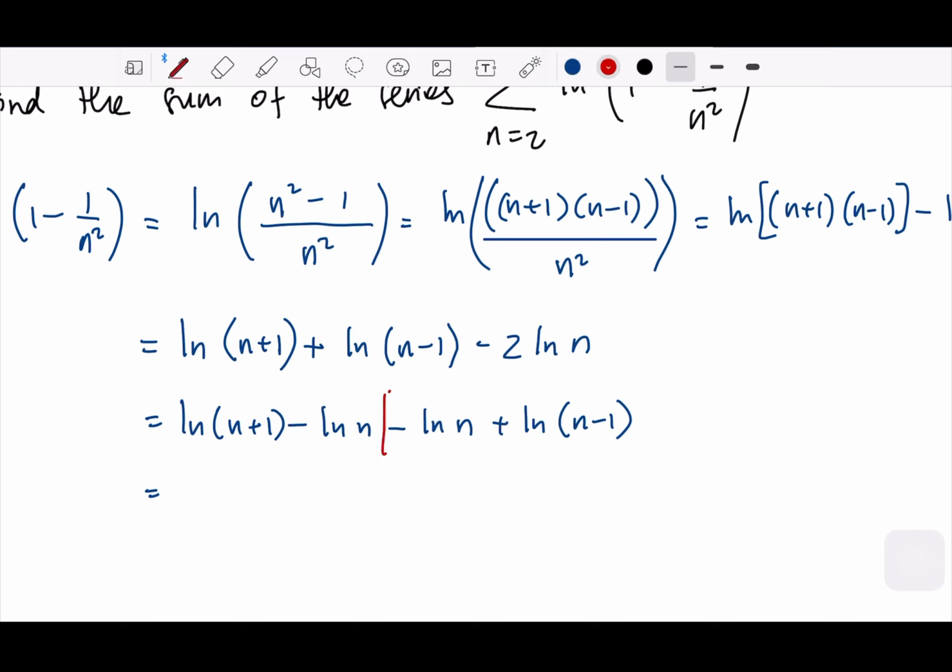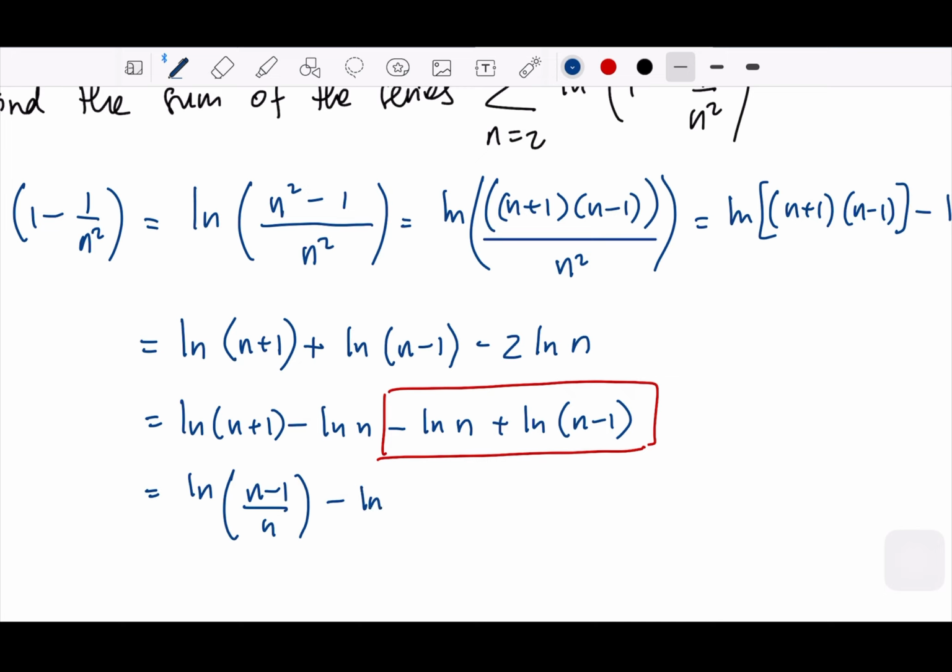Let me write this first. So this will be ln of n minus 1 divided by n. You write more clearly. Minus ln of n divided by n plus 1.